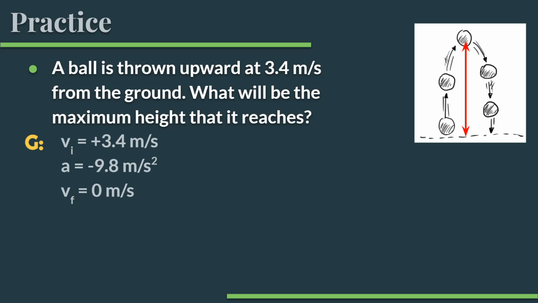Now, I do also know what my final velocity would be at the end of the trajectory, assuming that it lands at the same height it was launched from, because it's all symmetric. But I don't really care about the end point, because the question doesn't ask about the end point. The question asks, what height does it reach? So we really want to focus on that top point.